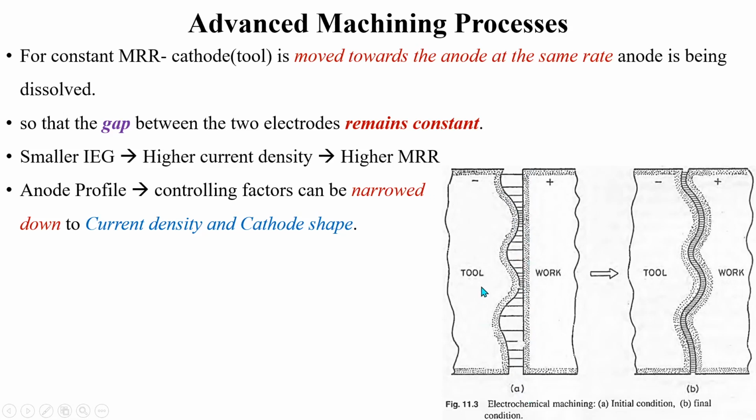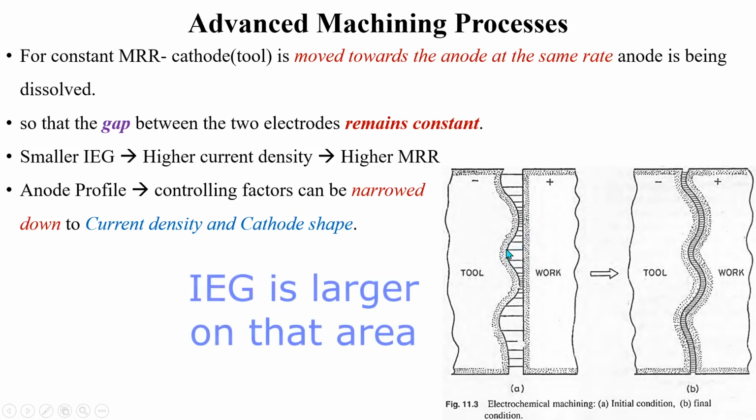Here you can see in this area there is a higher current density, as already explained. When IEG is smaller, a higher flow of current will be there, that is the current density will be higher. So MRR will be higher here, whereas in this portion the interelectrode gap is larger, so the material removal rate will be less.